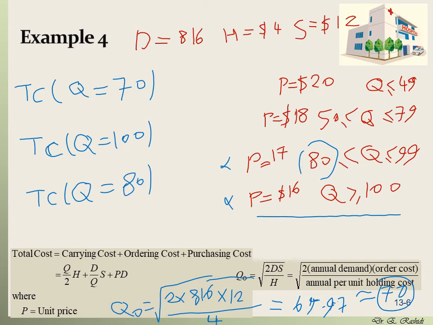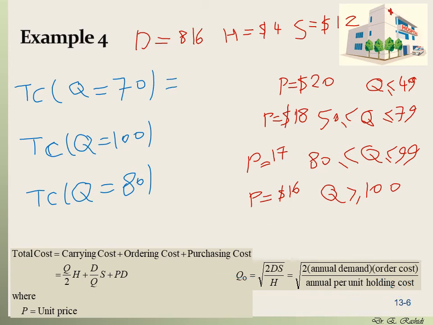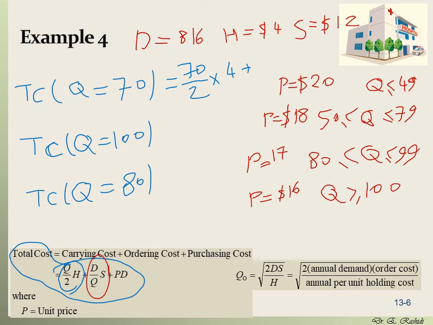All right, so let's go with the first one, the total cost when we order 70. Using the total cost formula here, the total cost would be Q divided by 2 multiplied by H. So that's 70 divided by 2 multiplied by H, which is 4, plus D multiplied by S divided by Q. So that's the second part down here.